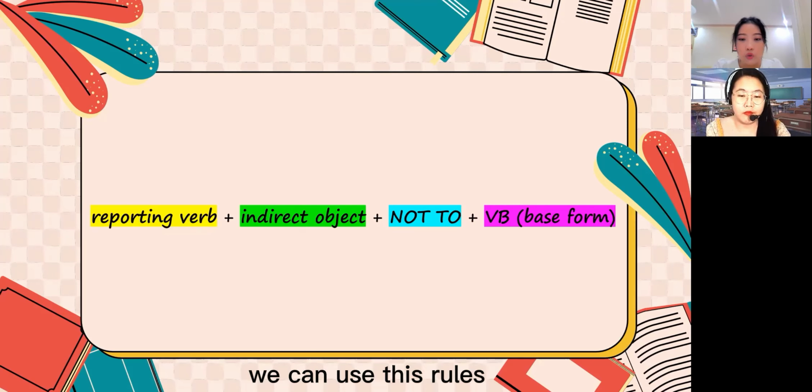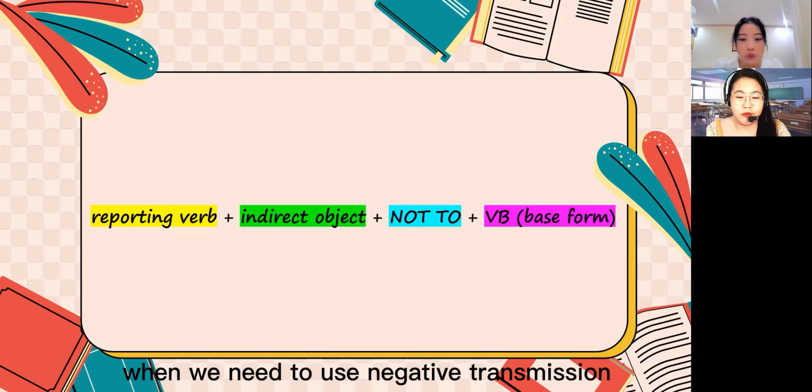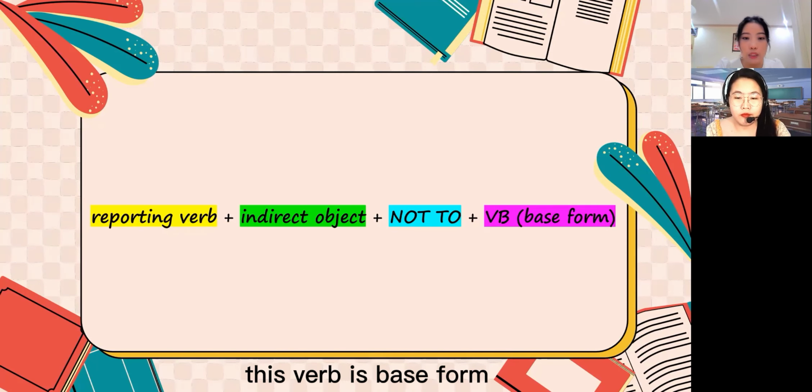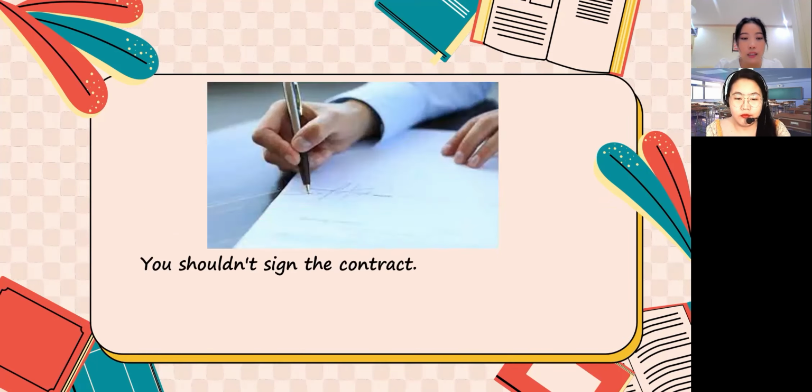We can use these rules when we need to use negatives in reported speech. Reporting verb, add indirect object and not to, add verb. This verb is the basic form. Let's see the example. You shouldn't sign the contract.